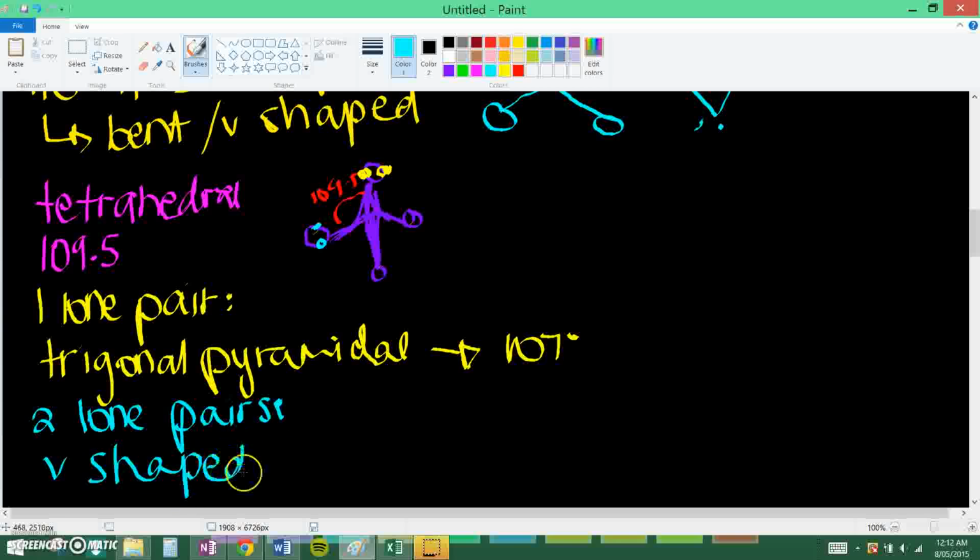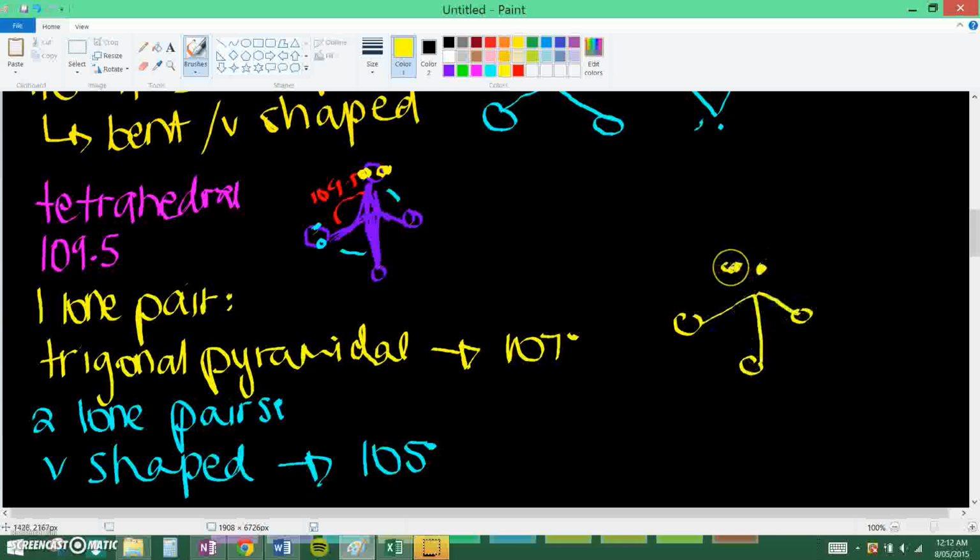And again, these would push just a little bit more onto these, and the bond angle would be 105 degrees. This one looks like there are two on that side, but then, it's really hard to draw, and then there's that one.